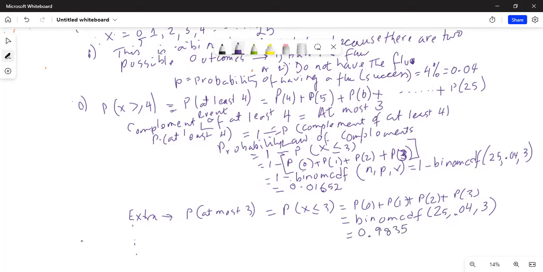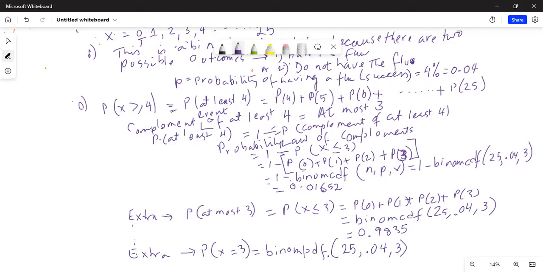Okay. Suppose also another extra. Suppose they asked us to find the probability of just 3 people having the flu out of 25. And that is equal to not binomcdf, it is binompdf. Just one number is pdf. So again, 25, 0.04, and this time we want to find the probability of x equal to 3, so we use binompdf.